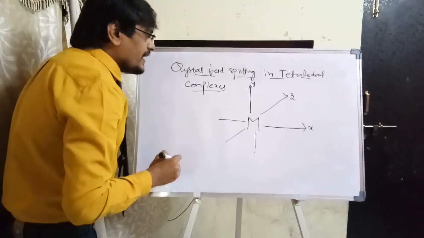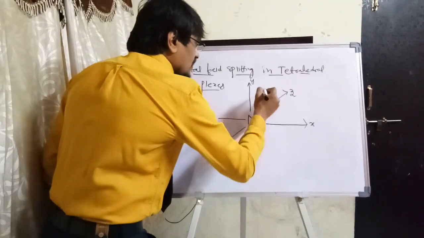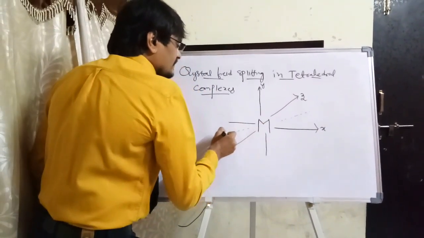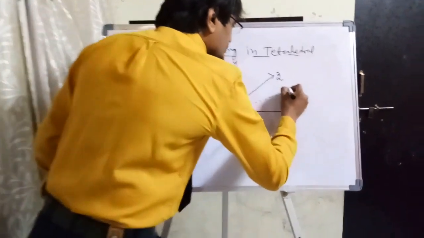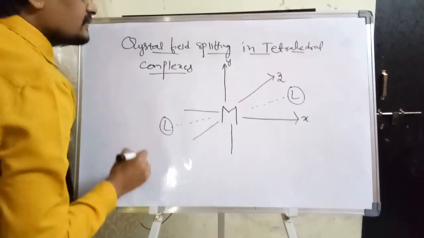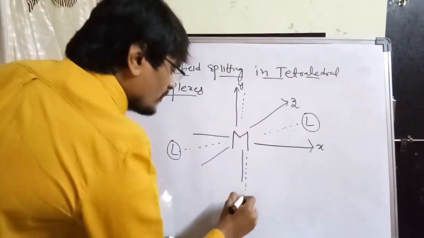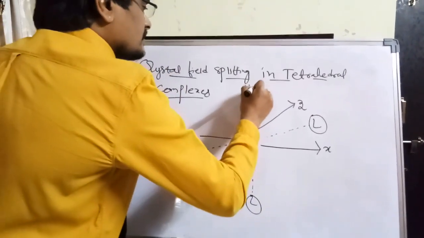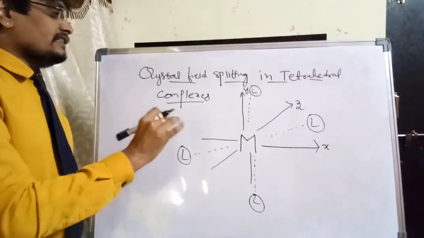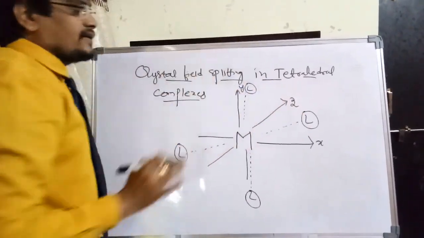The ligands are placed in between the axes, this is how they are placed. In between the x-axis, one ligand, another ligand. Next, in between the y-axis. So the ligands in the tetrahedral complexes have been placed in between the x and y axis.